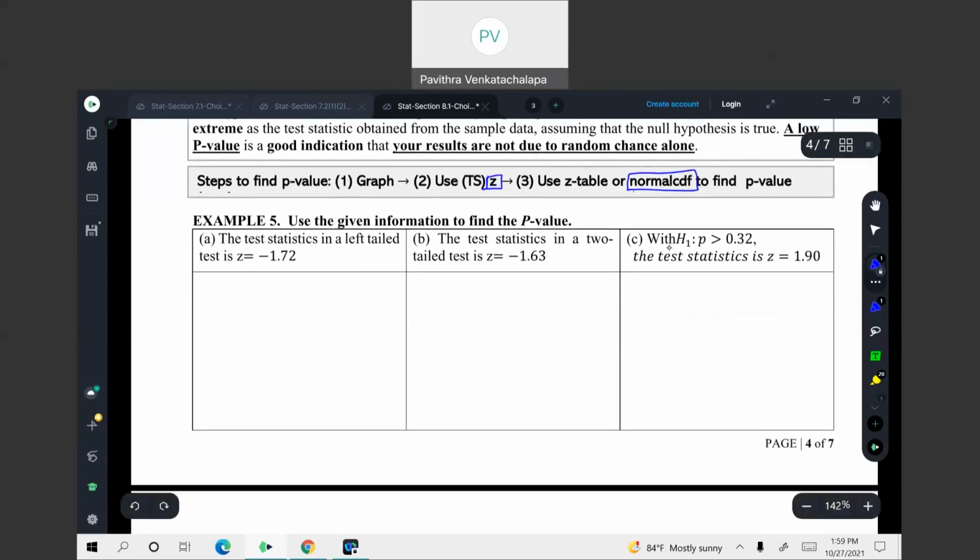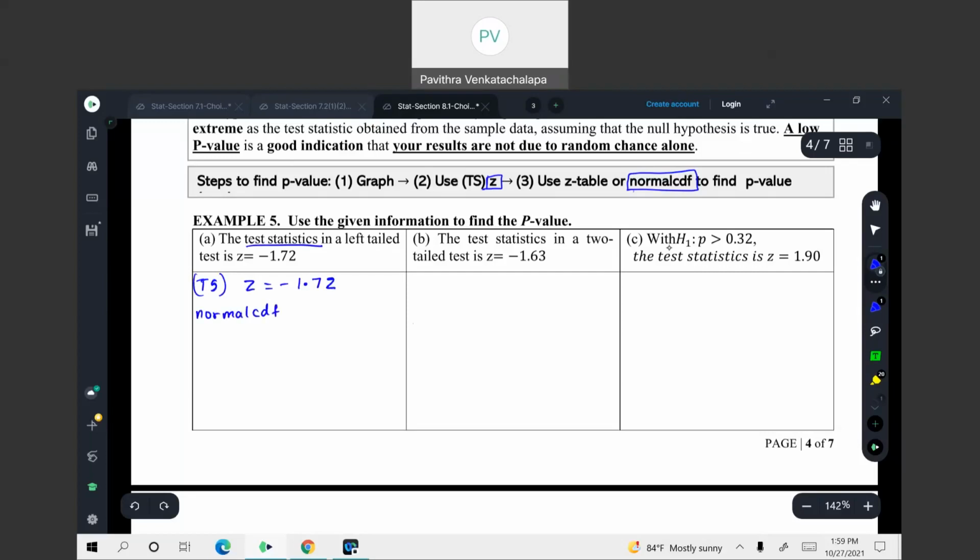Now, z is already given. You don't have to find that. Now, we know it is a test statistic because it is given here. And it is a z-score of minus 1.74. Now, you will apply normal CDF.